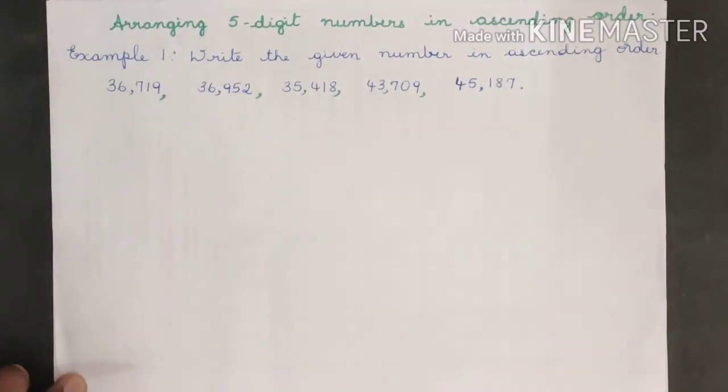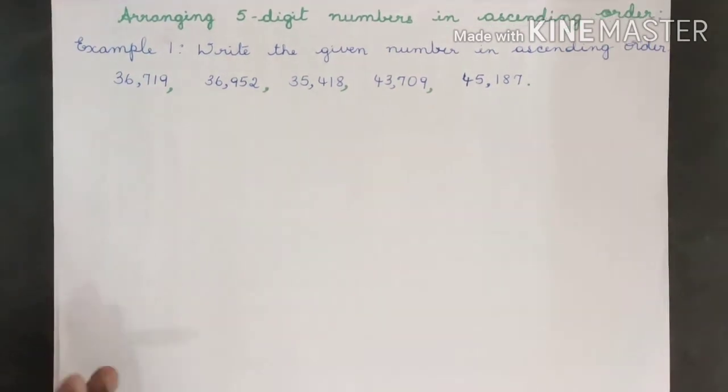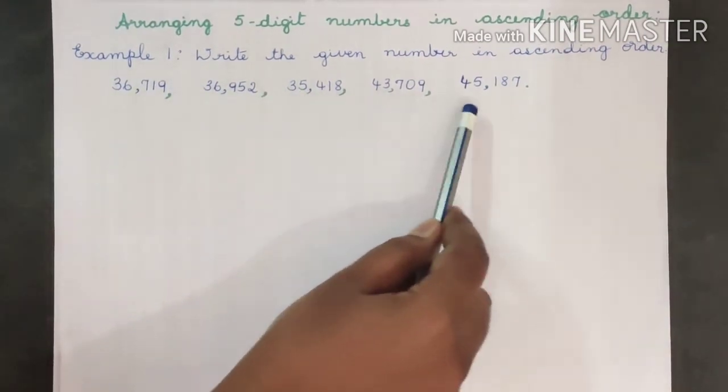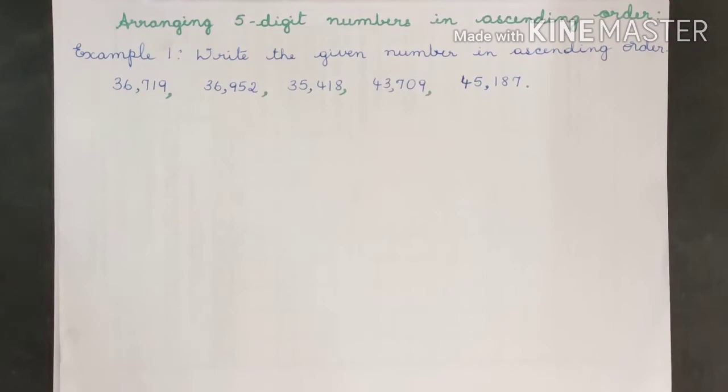I believe that you all know the method of arranging numbers in ascending order very well, but still I am going to refresh it once again. First, we have to compare the numbers in the highest place. We can observe here that all the numbers are 5-digit numbers.